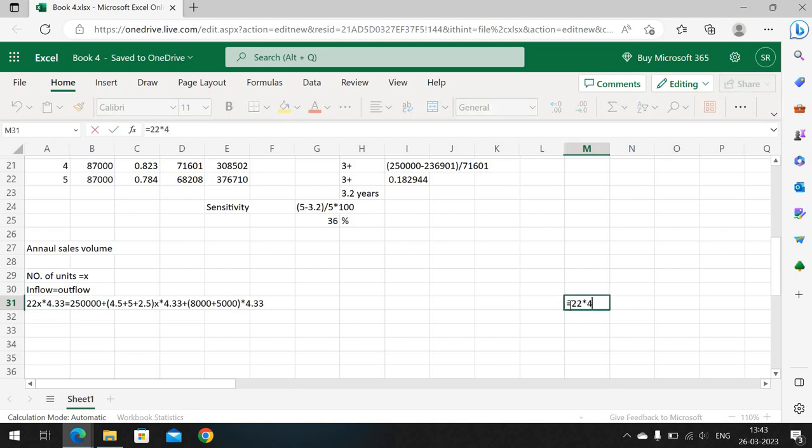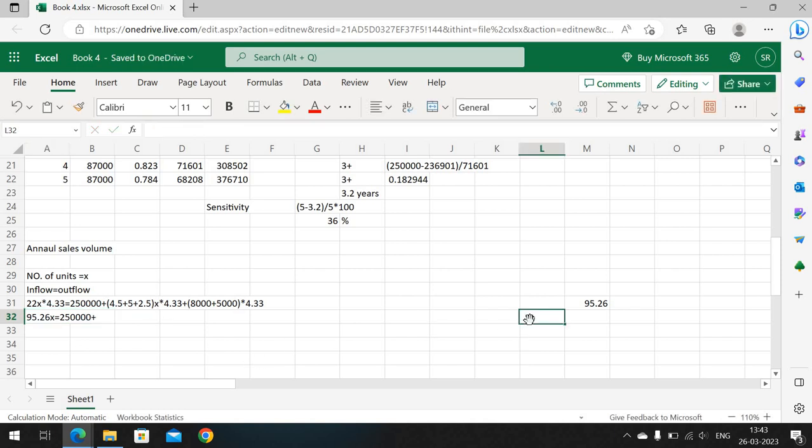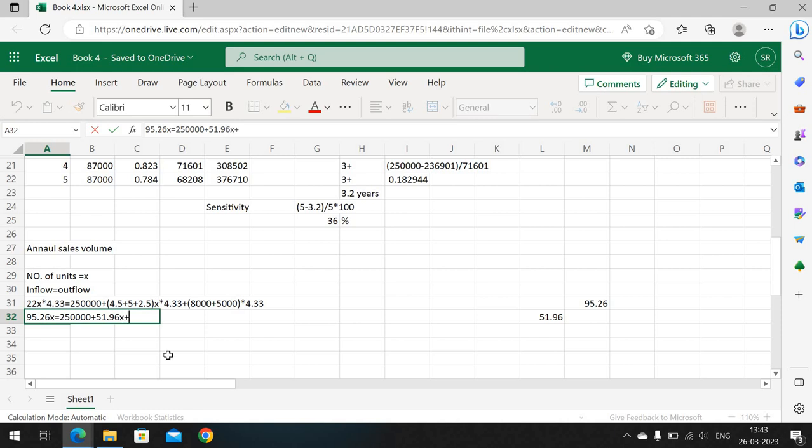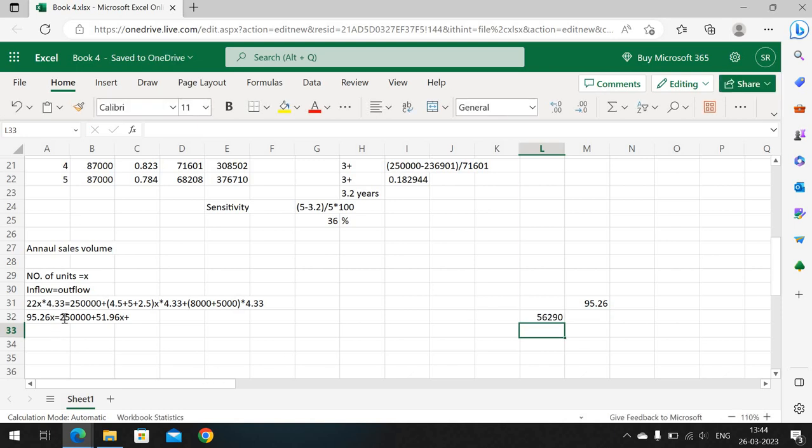So 22 into 4.33, 95.26x is equal to 2.5 lakhs plus 4.5 plus 5 plus 2.5, 12x into 4.33, 51.96x, plus 13,000 into 4.33, so 56,290.